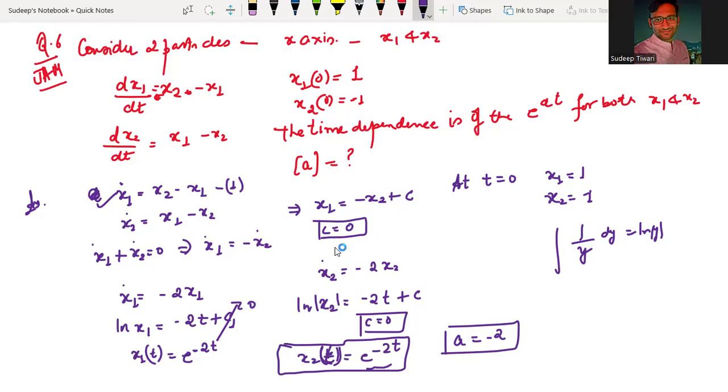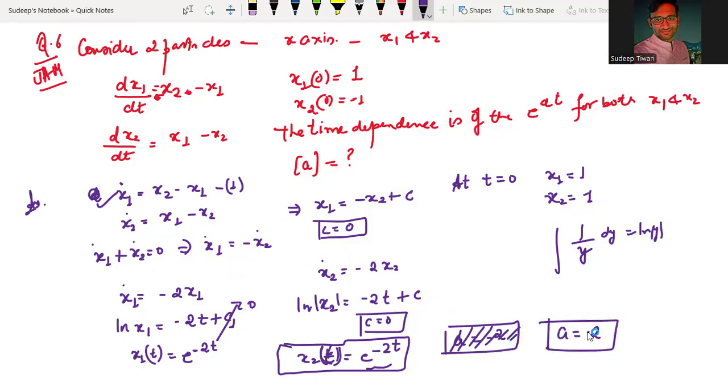If I solve this, x2 dot is equal to x1 minus x2. But there's some mistake, I think. Achha, a is equal to minus 2 is fine.